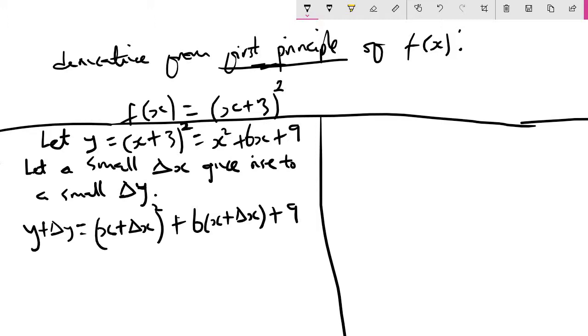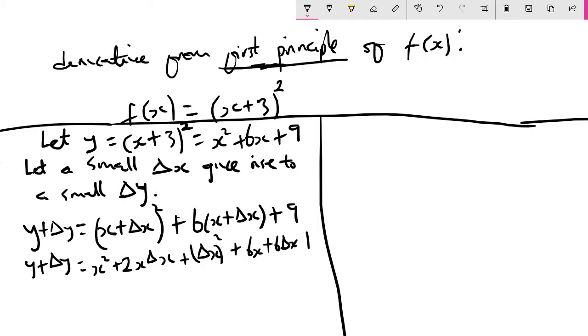So let's do some algebra. So we have y plus change in y is equal to x squared plus 2x change in x plus change in x squared, plus, now expanding this, 6x plus 6 change in x plus 9.